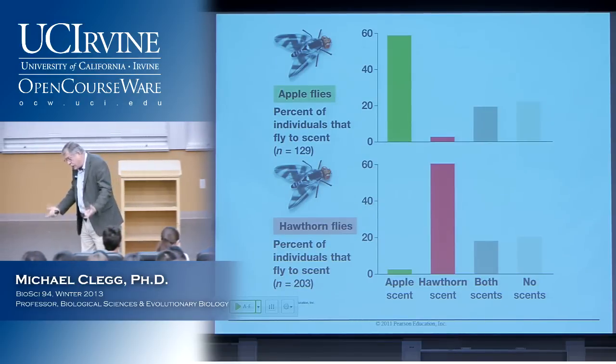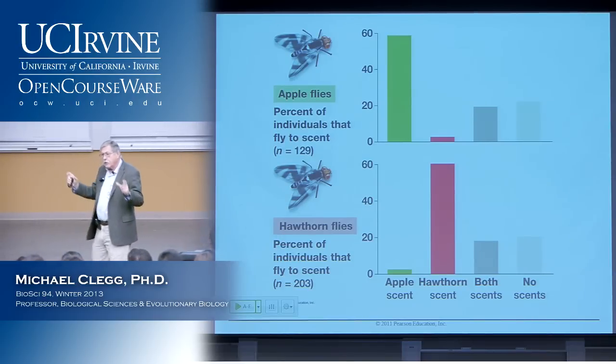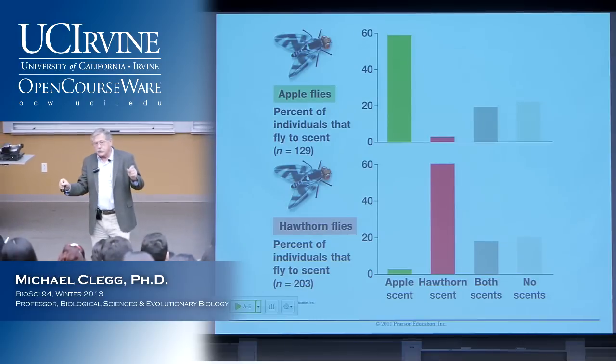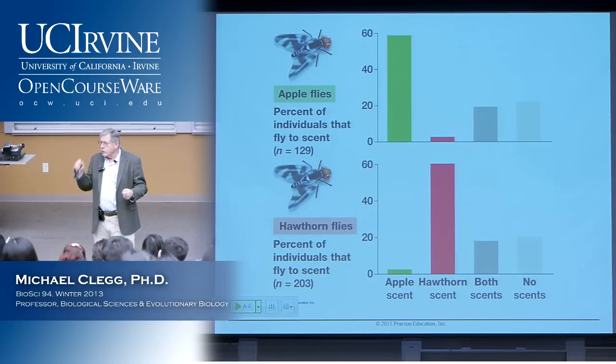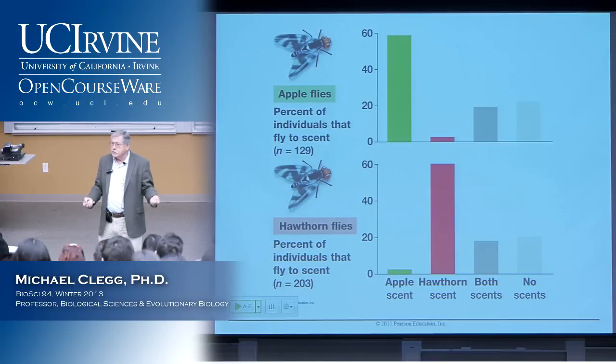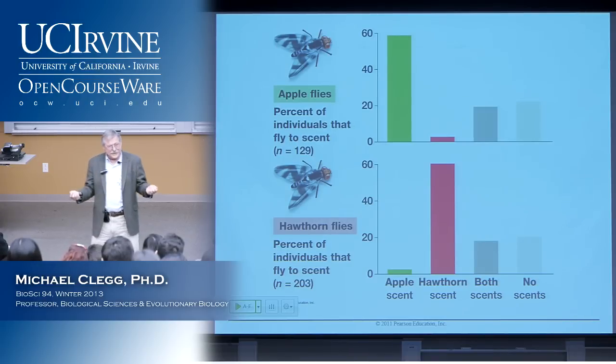However, if you now test apple flies and hawthorn flies, you can show that they distinguish between apples and hawthorns by scent, by odor. And apple flies only go to apples, and that's heritable. Hawthorn flies only go to hawthorns, and if you intermate them, they don't know where to go, okay?